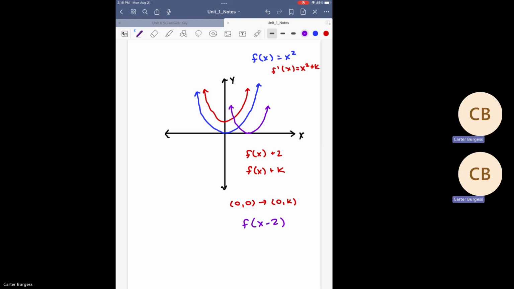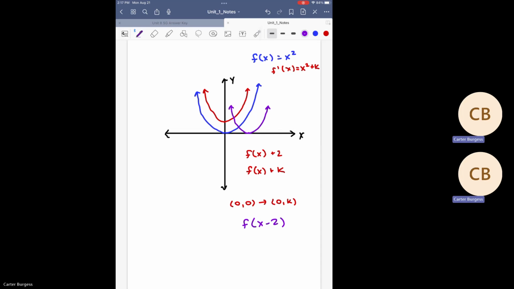Think of what this -2 is doing as whatever we're plugging into our function, it is being reduced by 2. So if I tried to plug in 0, what am I actually plugging in? Well, I'm actually going to end up plugging in -2. If I try to plug in 4, what I'm actually going to plug in is 2. Everything I try to plug in gets reduced by 2.